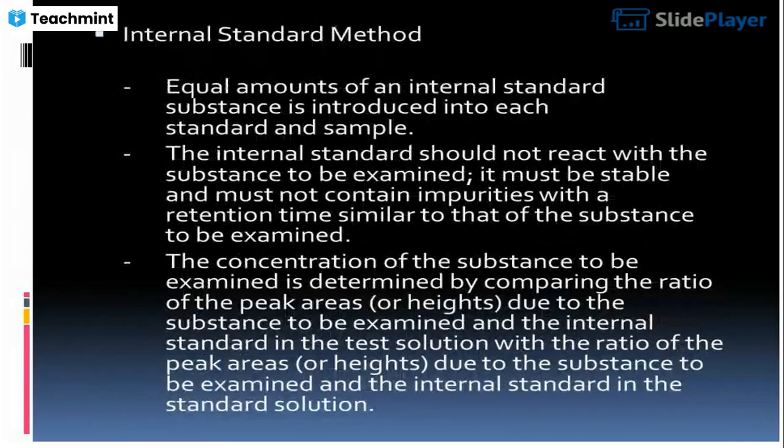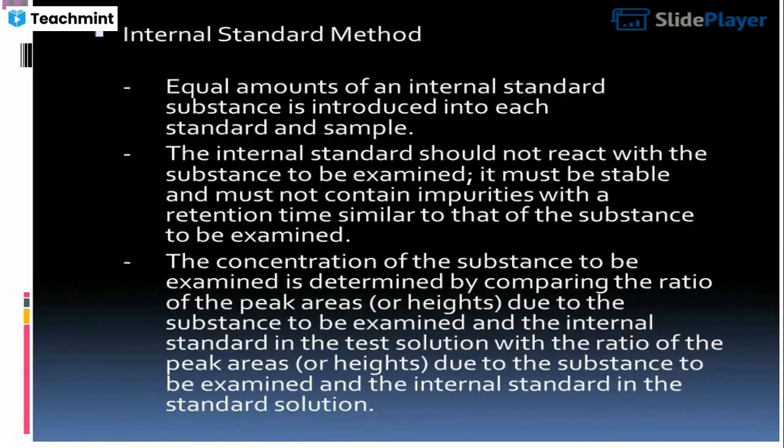Internal standard method. An equal amount of an internal standard substance is introduced into each standard and sample. The internal standard should not react with the substance to be examined. It must be stable and must not contain impurities with a retention time similar to that of the substance to be examined.